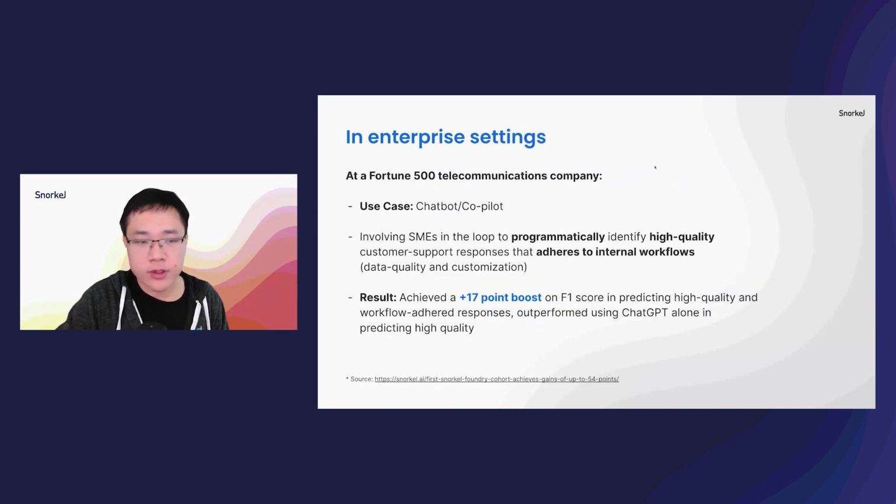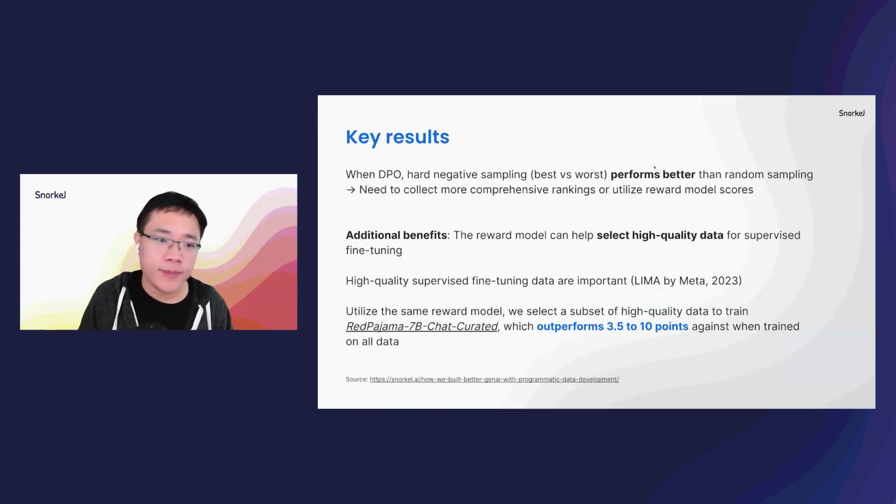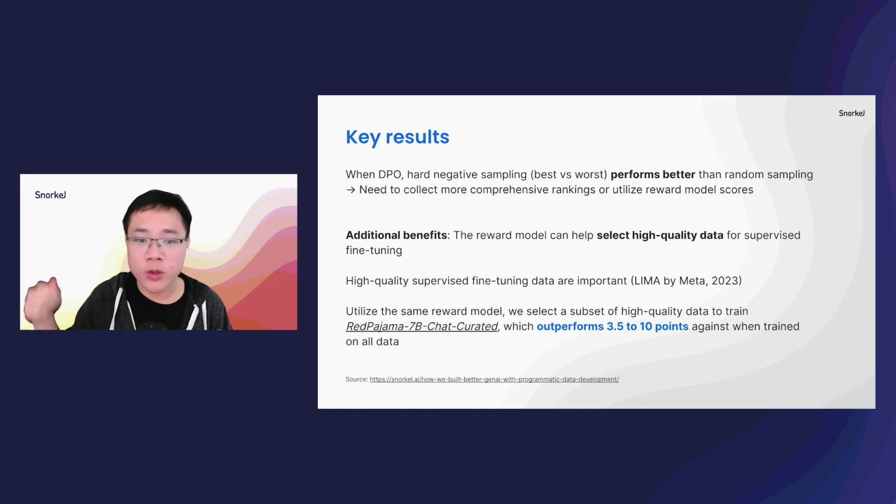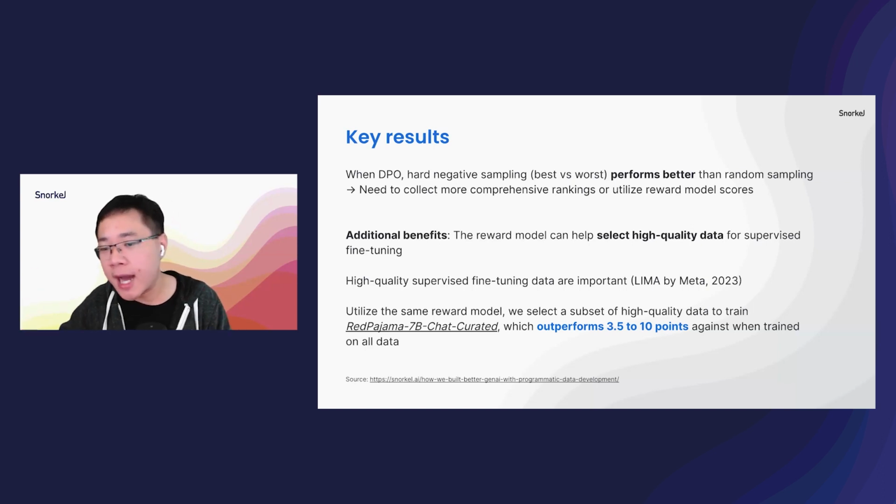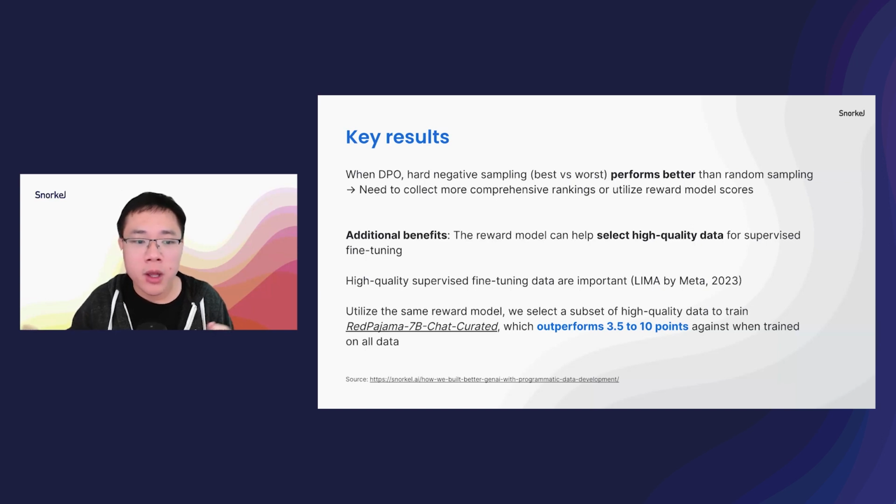Additional results. In DPO, hard negative sampling can be useful and performs better than random sampling. So you need more comprehensive rankings, or just reward model scores. An additional benefit is you can also use the reward model to select high quality data for supervised fine tuning. Remember there's a paper, LIMA, by Meta, which already showed that high quality supervised fine tuning data is super important.